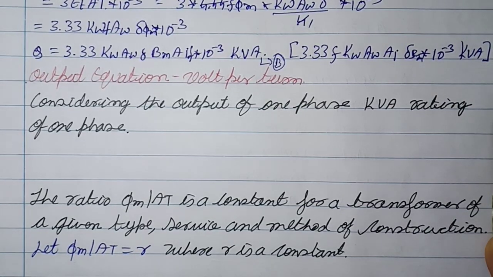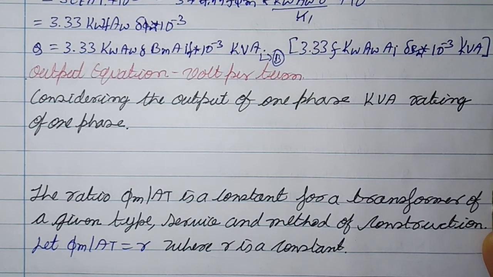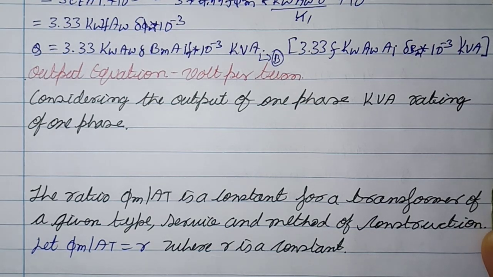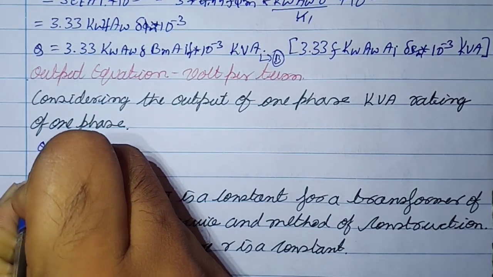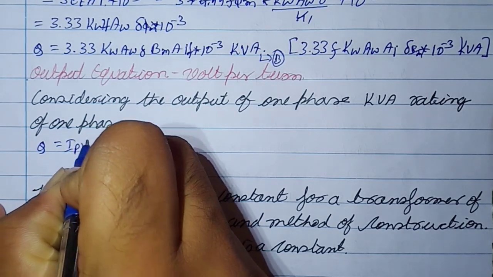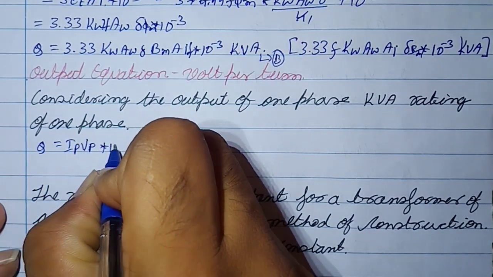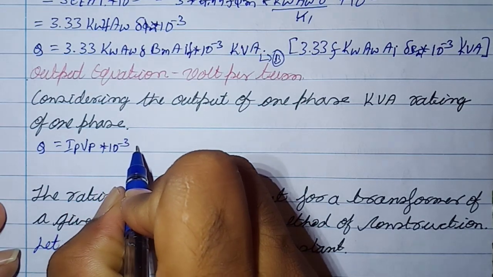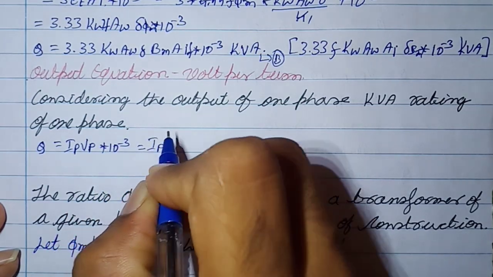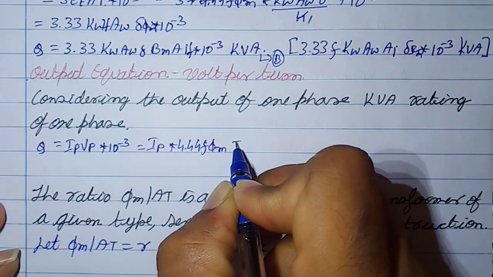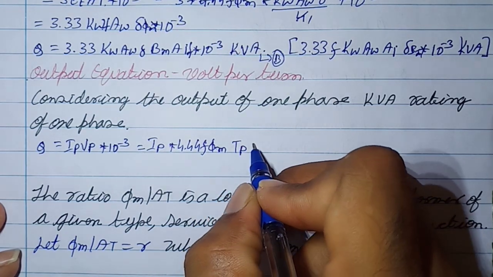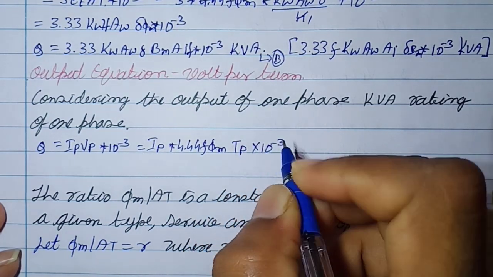So in continuation, we will go for the second part, that is the output equation in terms of volt per turn. Here we will be taking one phase. So we have Q, which is equal to Ip Vp into 10 raised to minus 3, which is equal to Ip into 4.44 F phi m Tp into 10 raised to minus 3.